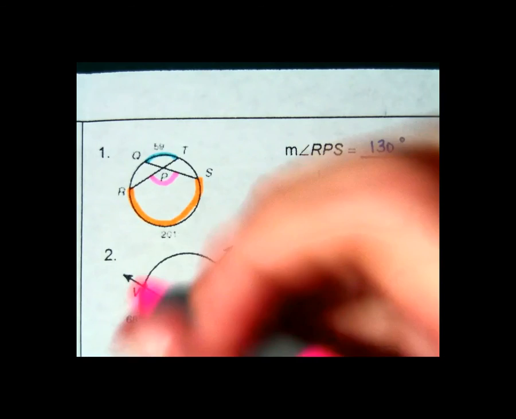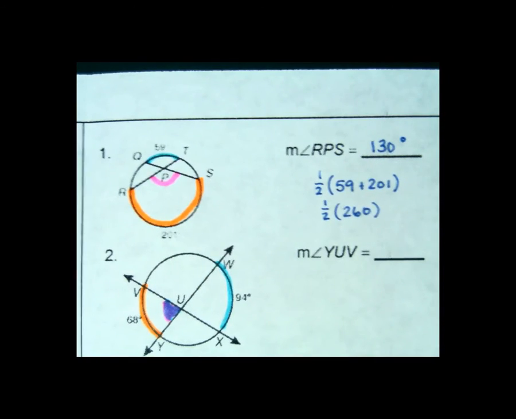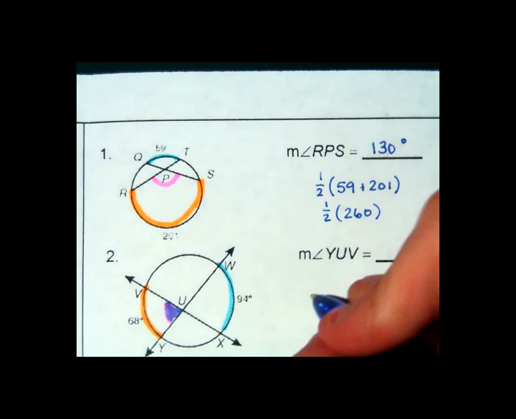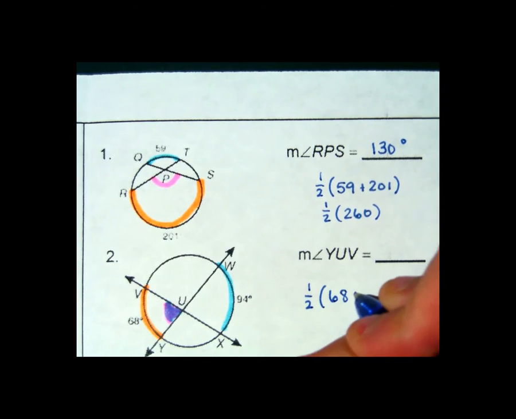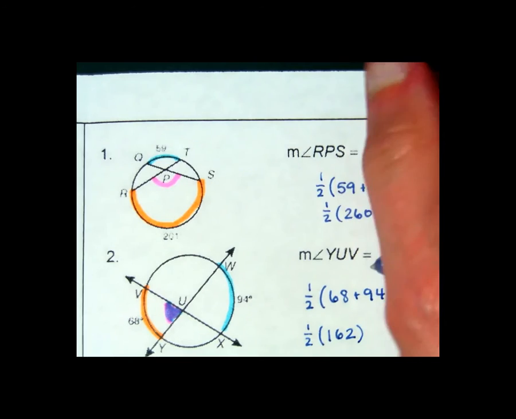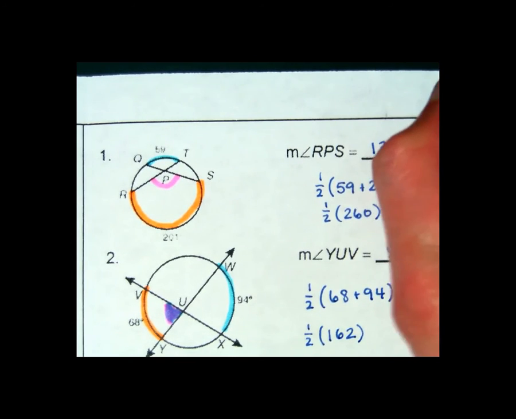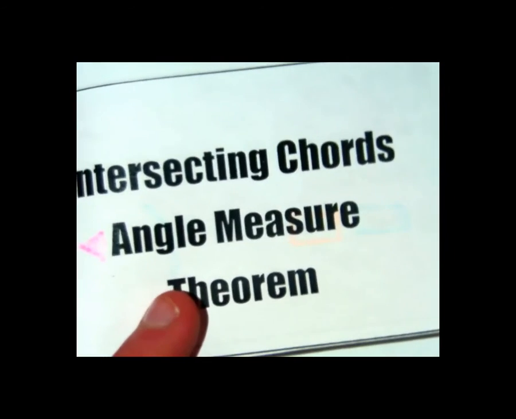This is supposed to be yellow, pink. Okay. Set up, it's 1/2 of 68 plus 94. What is 68 plus 94? 162. What is half of 162? Okay. That is the intersecting chords angle measure theorem.